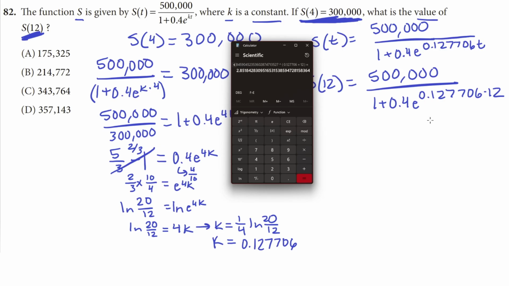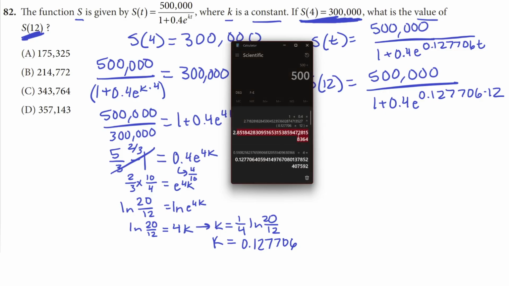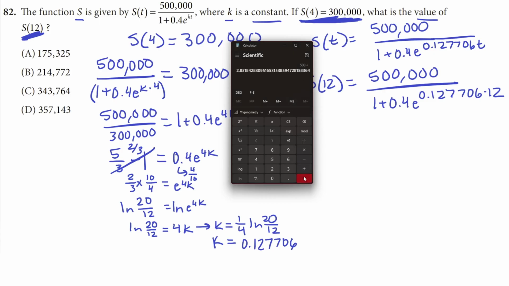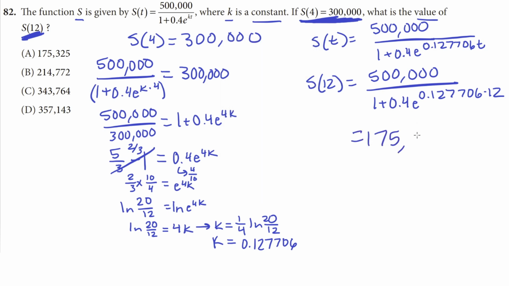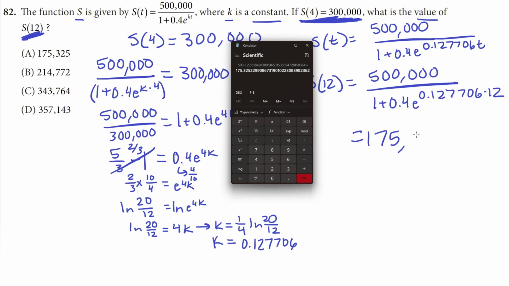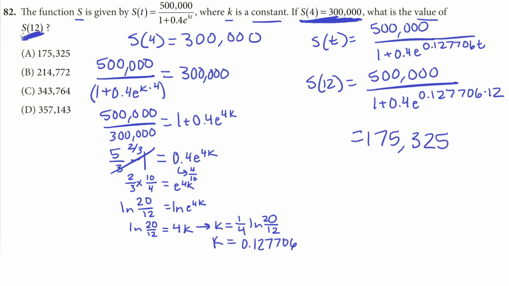So this gives us 2.85, and now we need to divide 500,000 by that number. Oh, whoops, I divided 5. We need to divide 500,000 by that number. And that should give us 175,325, which is answer choice A.